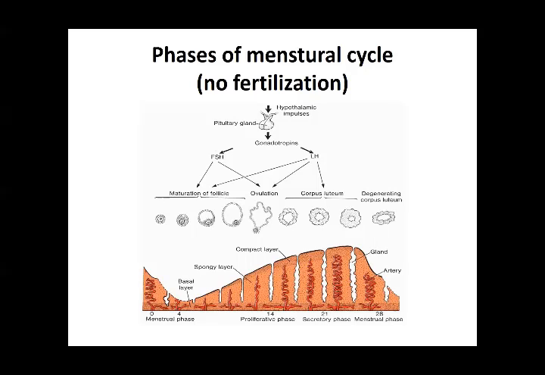When there is no fertilization, the process as a whole starts from the hypothalamus, which stimulates the pituitary gland. The anterior portion of the pituitary gland secretes the gonadotrophins, that is the follicle stimulating hormone, FSH, which acts on the ovary, and luteinizing hormone, which basically acts in the second half of the ovarian cycle. FSH is going to mature the follicle.